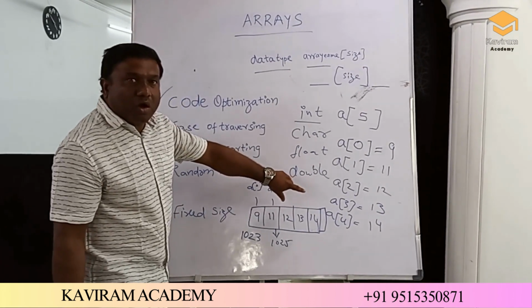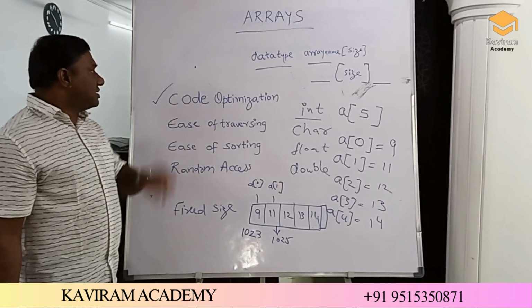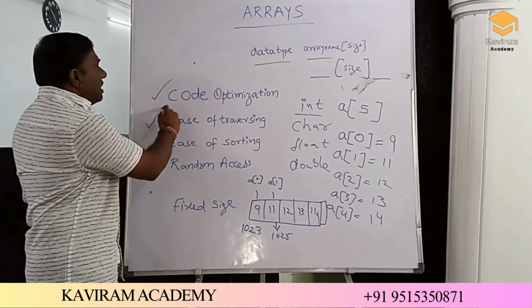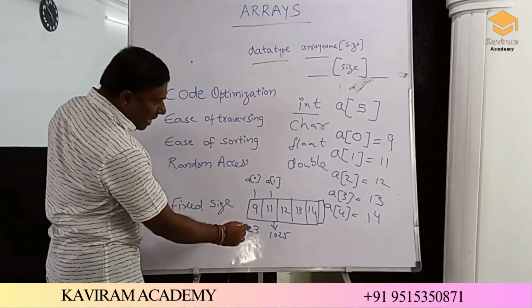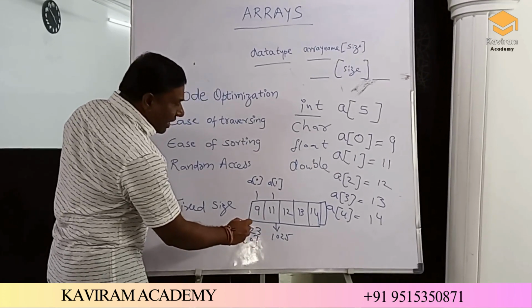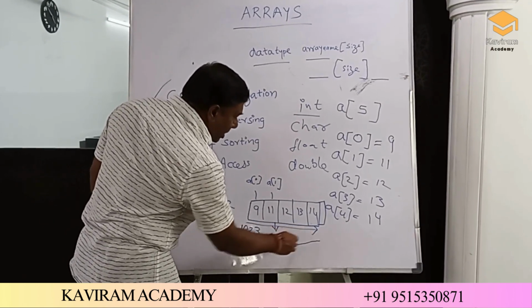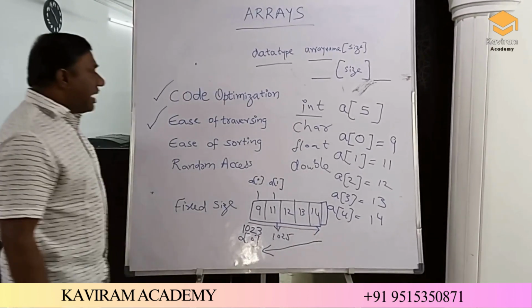So the code or space complexity is reduced using arrays. The next one is ease of traversing. If we have the starting address, we can easily travel in this direction as well as in this direction, so easily we can access.